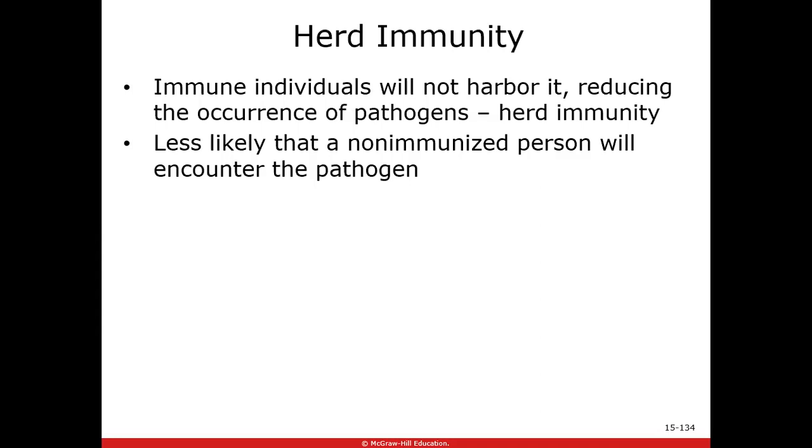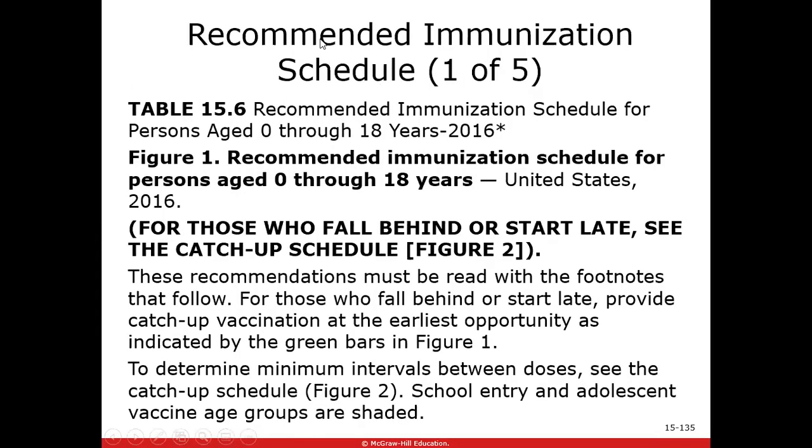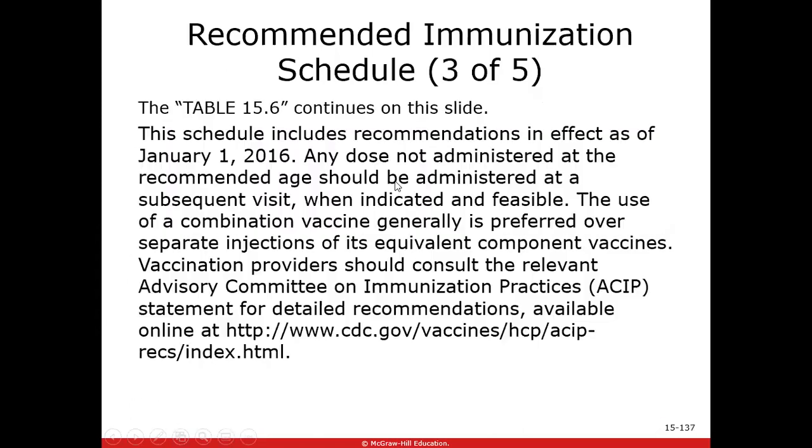With herd immunity, enough people have immunity that the pathogen won't be harbored, which reduces the occurrence of that pathogen causing disease. So it's less likely that a non-immunized person will encounter the pathogen, because there are so many people around them that don't have it. And then there's the recommended immunization schedule, which you don't have to know.